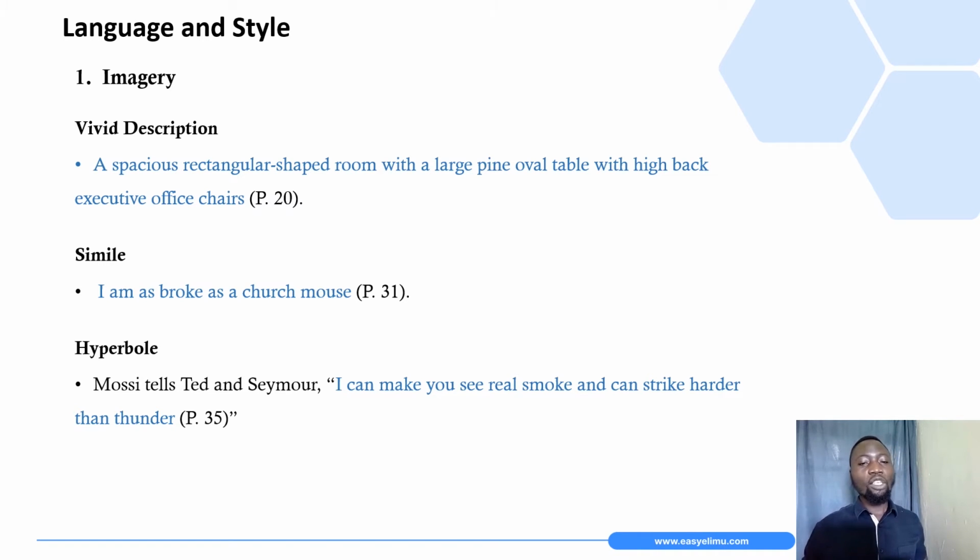In page 31, it is Basdeo who says he is as broke as a what? Is it really Basdeo? Let me check. 'I am as broke as a church mouse.' I just want to do some skimming and scanning very fast, just to see who says those words.